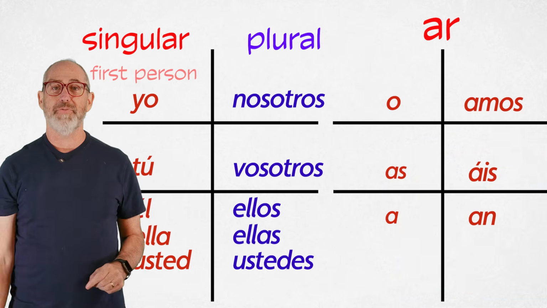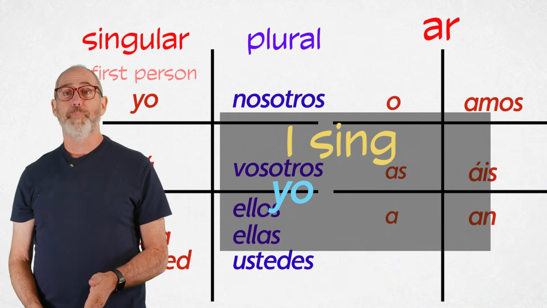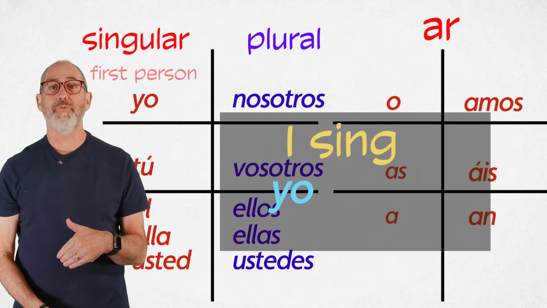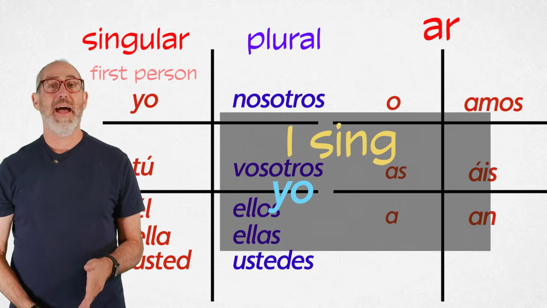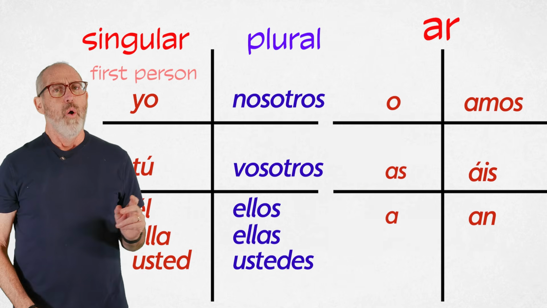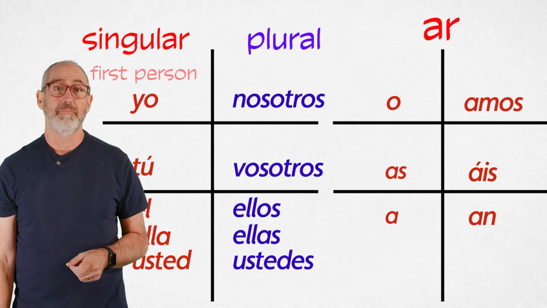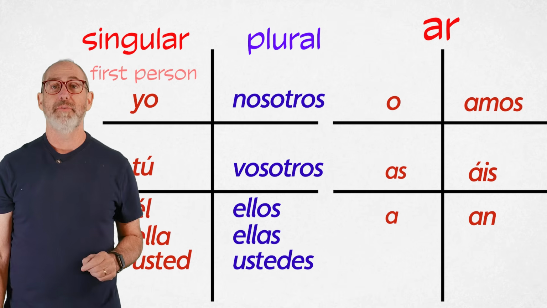Now let's go back to the phrase, I sing. I know that I is yo. I took the AR off the word cantar, so now I have CANT. Now looking at both charts, where is yo located on the chart? It's at the top left.